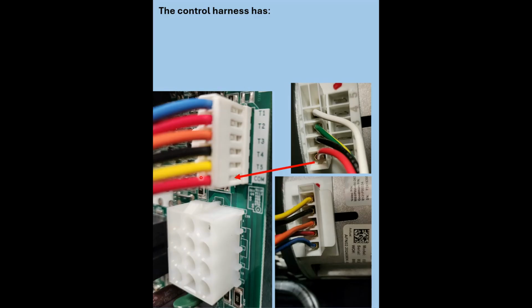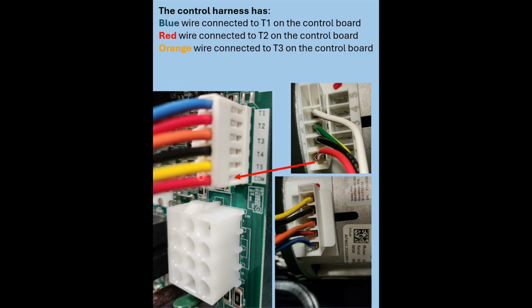This is the common. And we have a blue wire to T1, red wire T2, orange wire T3, black wire T4, and yellow wire T5. And of course, those are on the control board right here. And you can measure these voltages off the side of this.